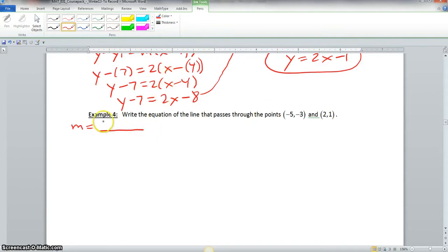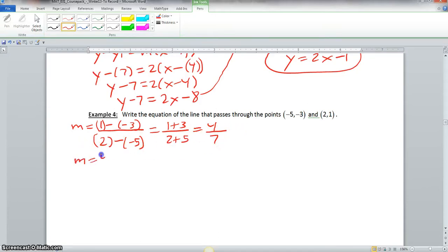So we'll do y sub 2, which is 1, minus y sub 1, which is -3, and then x sub 2, which is 2, minus x sub 1, which is -5. 1 minus a -3, we know is 1 plus 3, which is 4. And then 2 minus a -5 would be 2 plus 5, which is 7. So our slope here is 4/7.